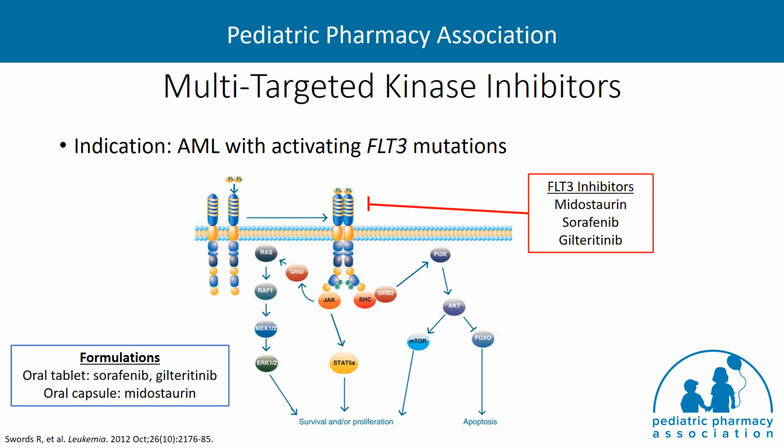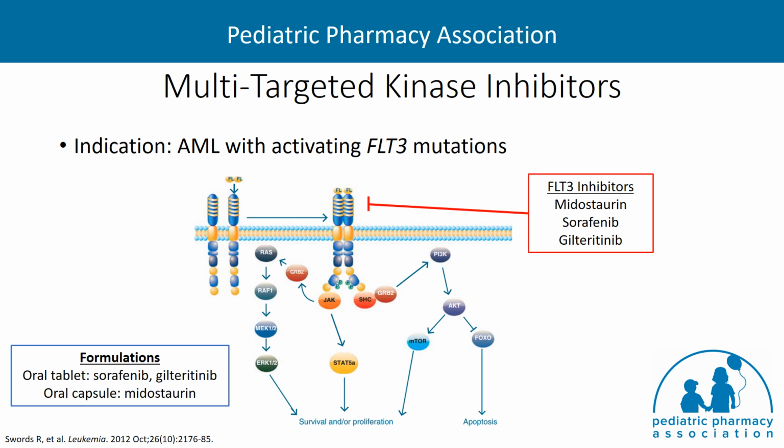Ultimately, when FLT3 is activated, there's an increase in multiple intracellular signaling, which then results downstream in hematopoietic cell survival and proliferation, as well as a reduction in apoptosis. Patients who present with this type of mutation ultimately have this as one of the drivers of their disease.